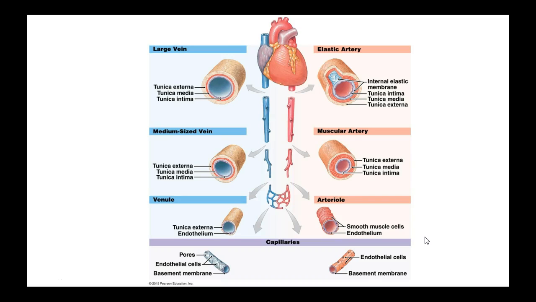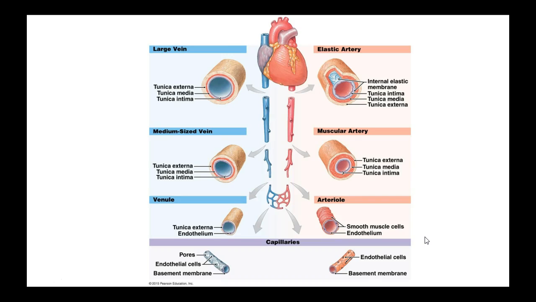Now, some terms here. There are three general layers for blood vessels. They're called tunicas. The one that's making up the area that's closest to the lumen is called the tunica intima, and then surrounding that is the tunica media that has mainly the smooth muscle, and then we generally have some supportive connective tissue around that that's called the tunica externa.